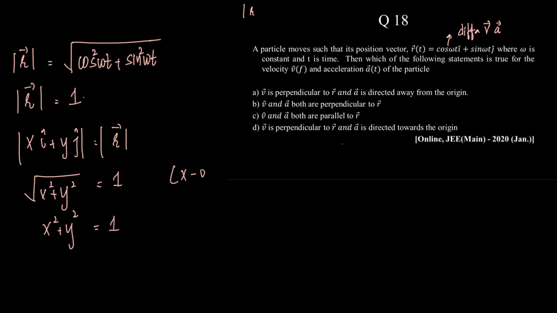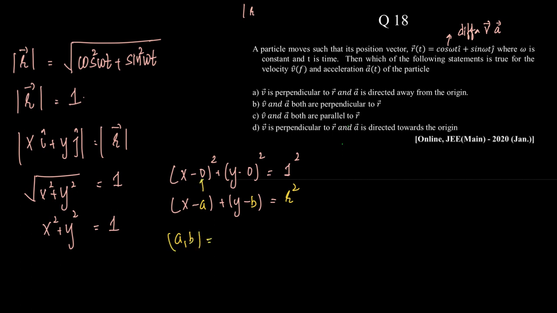So I'll rewrite this equation. I'll write it as x minus 0 the whole square plus y minus 0 the whole square is equal to 1 square, and then I will compare this with x minus a the whole square plus y minus b the whole square is equal to r square. And what do I get? I get that a is 0, b is 0, so a comma b is 0 comma 0, and r is equal to 1.